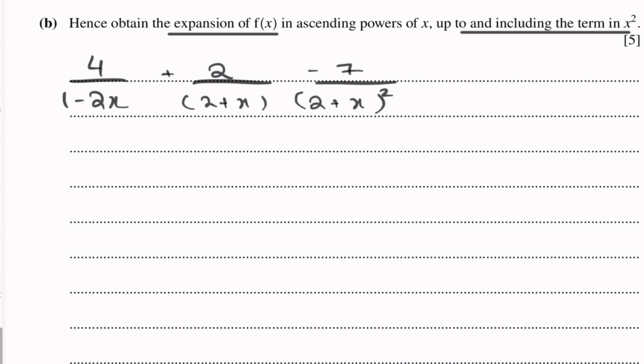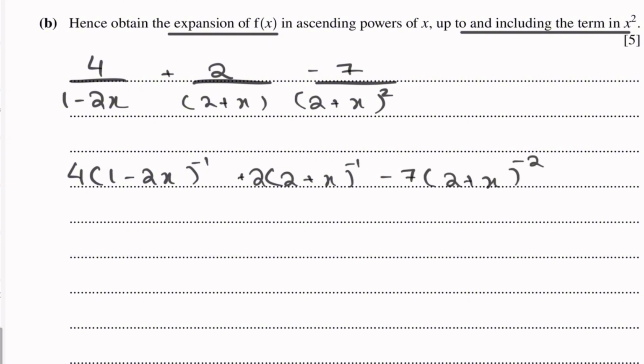Now if I want to expand this, I will take everything here with a negative power, and as long as we have a negative power, or a power that is rational and not an integer, this expansion is going to be infinite, but we only want to find it until x squared. To expand this, we'll use the binomial expansion law in the formula sheet. So let's go ahead and do that.